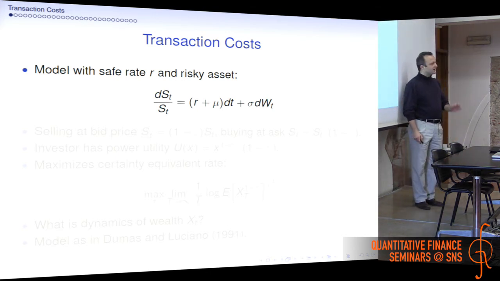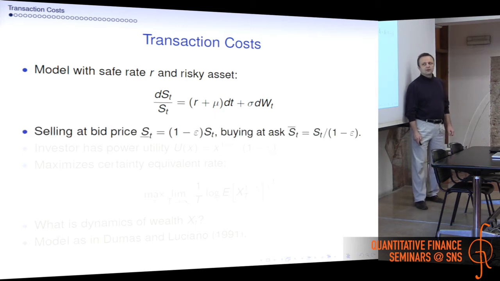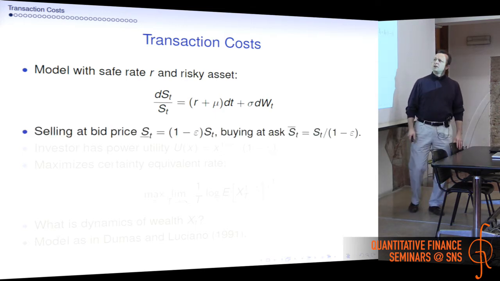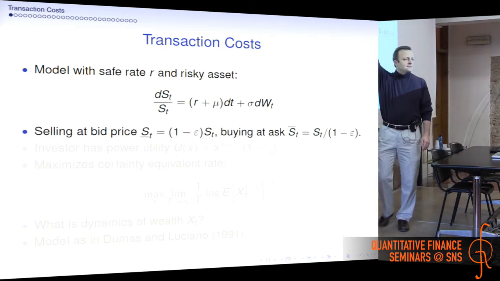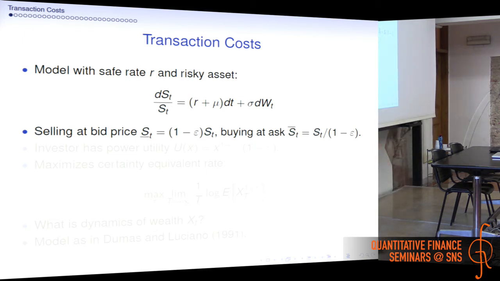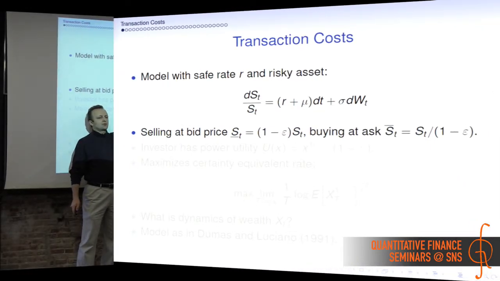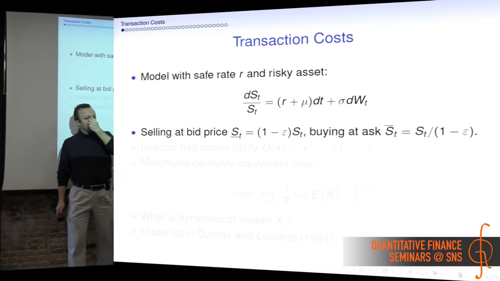To be even more precise, I'm talking about proportional constant transaction costs, which means what happens when you have two prices for buying and selling. We're going to call S the price at which you buy, and the price at which you sell, by Murphy's law, is lower, so we're going to call it 1 minus epsilon times S. Okay?